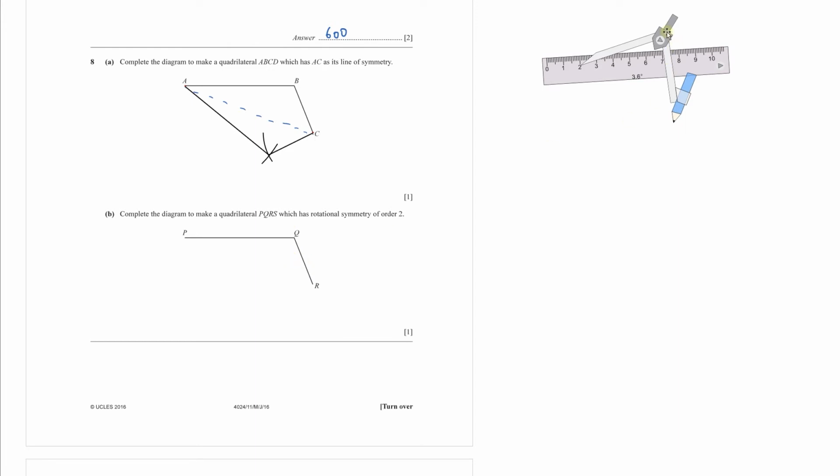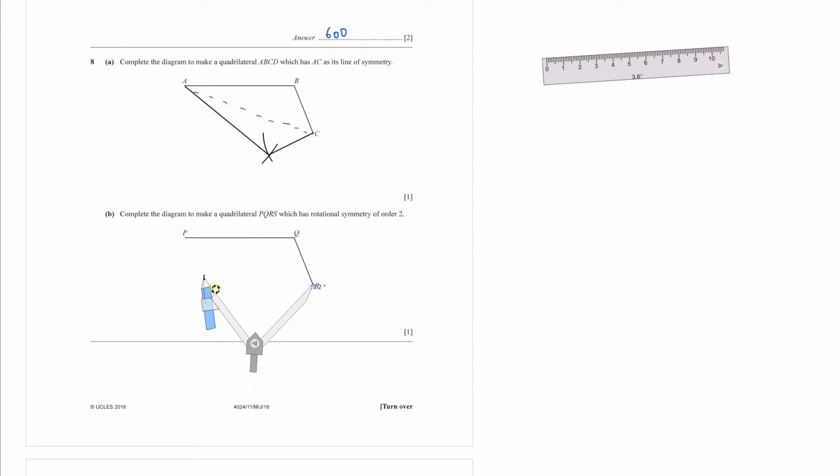So again, we'll need to use our compass to get the point S. So PQ length would be the same as length RS. So I can use my compass here to get the length. It's almost equal to Q. And then I can place my compass at R and draw an arc here where I believe that point will lie.